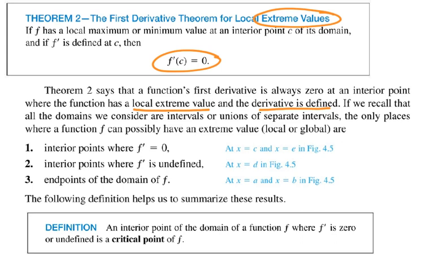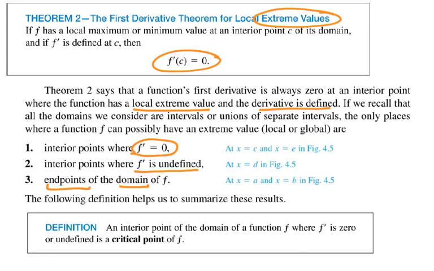If we recall, all the domains we consider are intervals or unions of separate intervals, and the only places where a function f can possibly have an extreme value, local or global, local means relative, global means absolute, are at interior points where the derivative is equal to 0, where the derivative is undefined, or at endpoints of the domain.